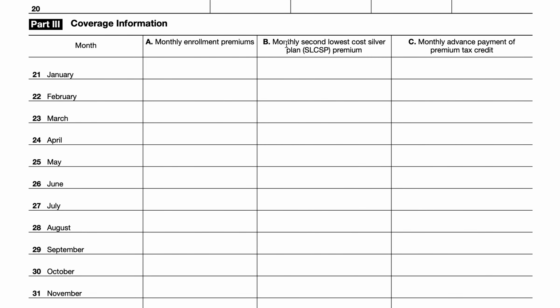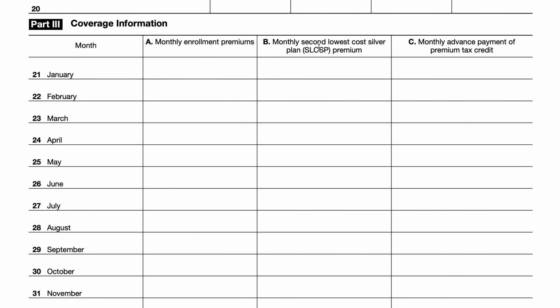In column B, this is the monthly second lowest cost silver plan. The acronym is SLCSP. That is used to determine your monthly advance credit payments, the premium tax credit that you can claim on your tax return.